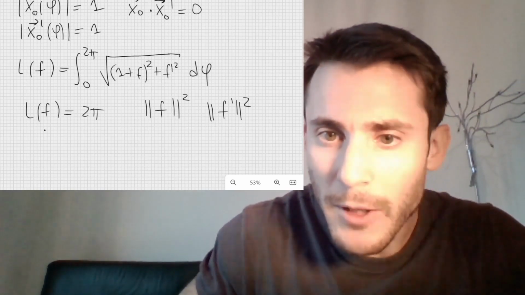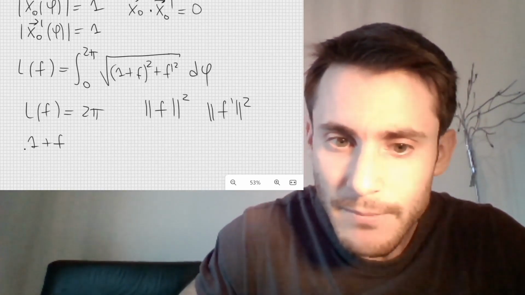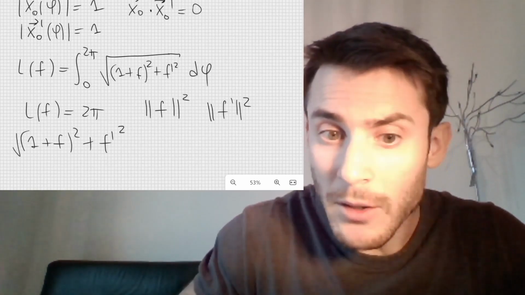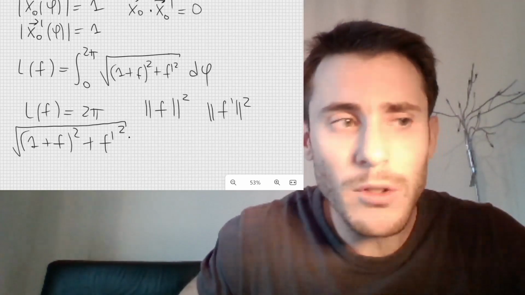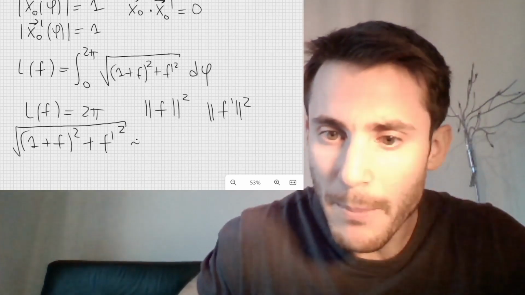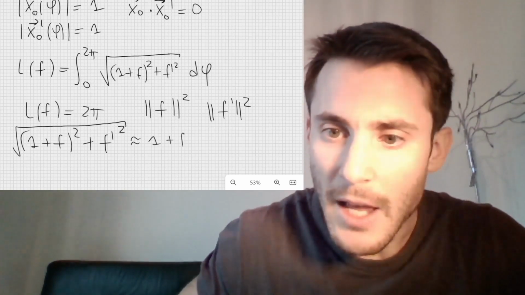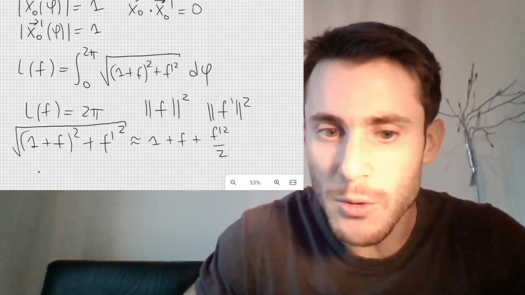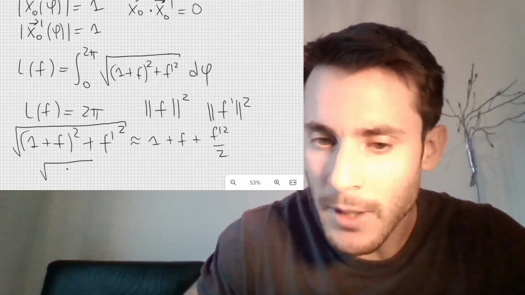Okay, we are going to rewrite 1 plus f squared plus f prime squared under the square root. We are going to approximate it. So this will be approximately equal to 1 plus f plus f prime squared over 2. So I have used in particular the following expansion.